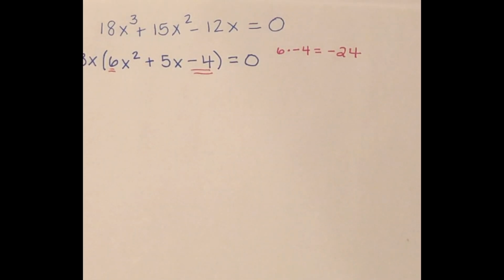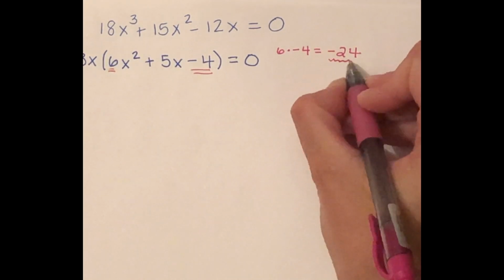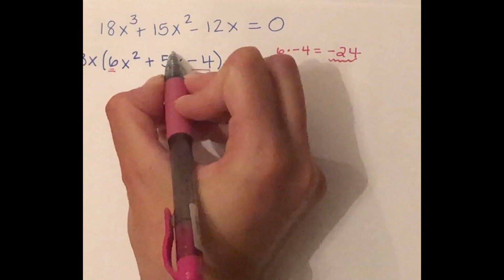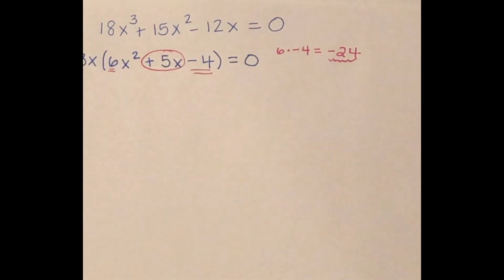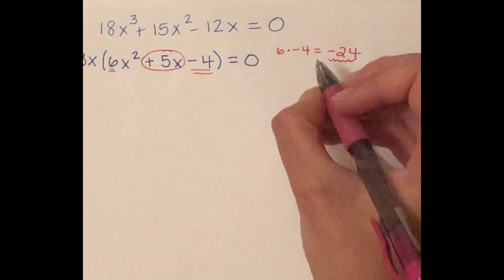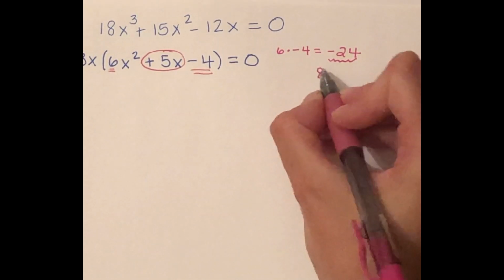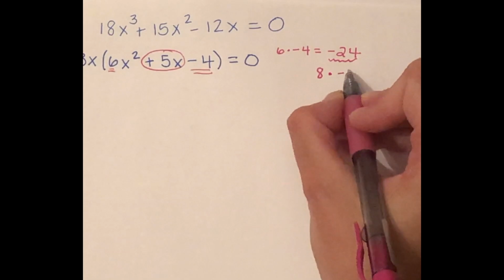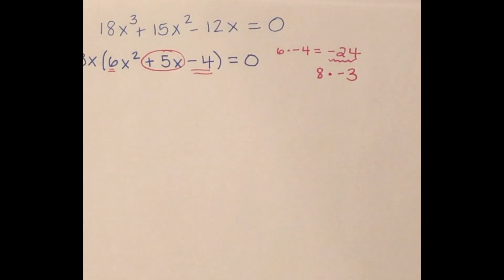So we are looking for numbers that multiply to negative 24 but add to positive 5. Can you think of those factors? Yep, that would be a positive 8 times a negative 3. That would multiply to a negative 24 and add to a positive 5.